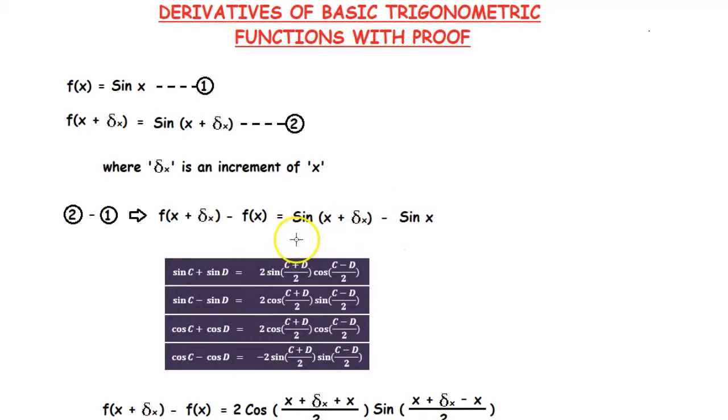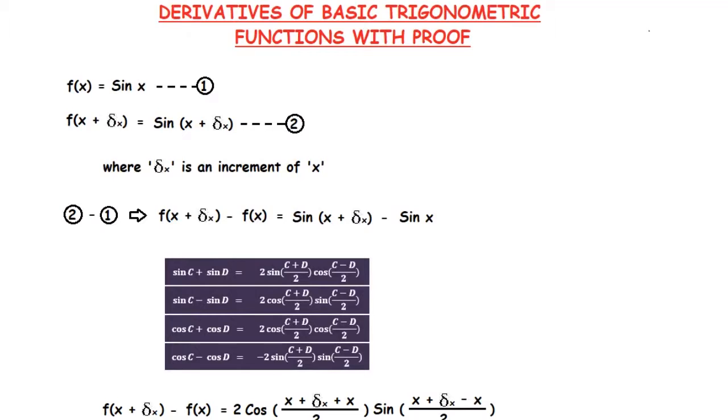Now we need to use some of our trigonometric knowledge. You have learnt these formulas in trigonometry before. If you look at this table, you can see that sin c minus sin d is equal to 2 into cos of c plus d over 2 into sin of c minus d over 2. So we can use this formula in this equation.